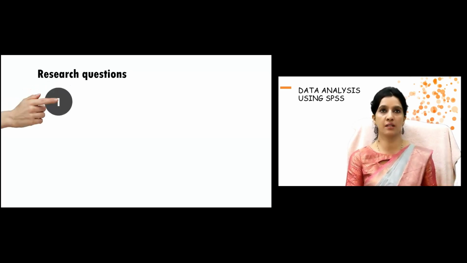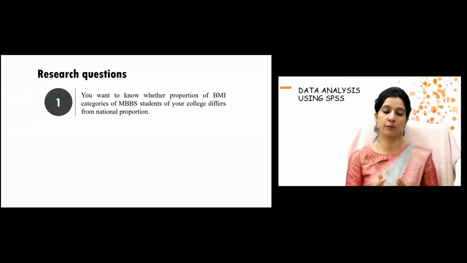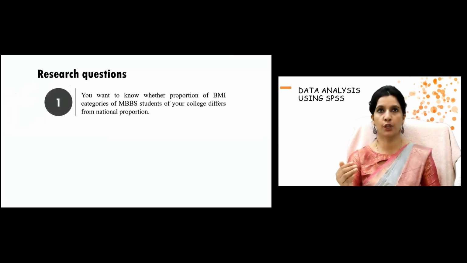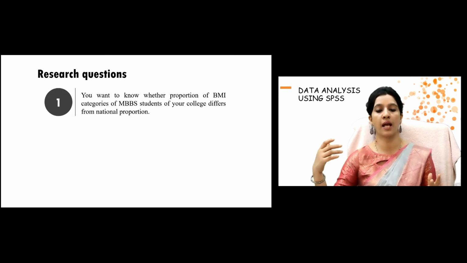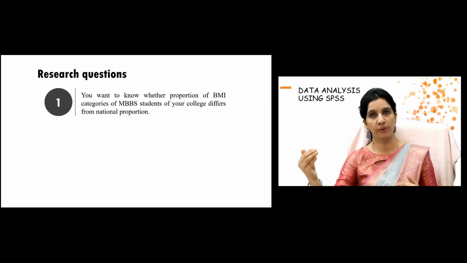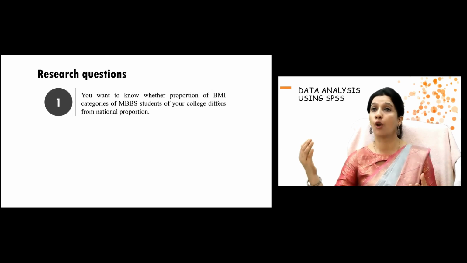So the first research question in this case would be, this is again the variant which you have seen in the chi-square test of association. Like if I want to know whether the proportion of BMI categories of MBBS students of my AIIMS differs from national proportion, right? There is a national proportion of BMI. We know from NFHS that in this age, the proportion of obese, overweight, and normal category is what?